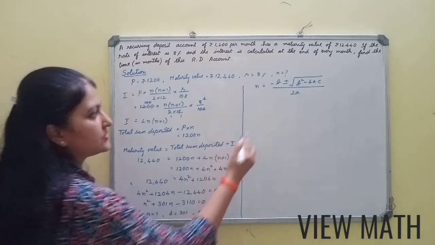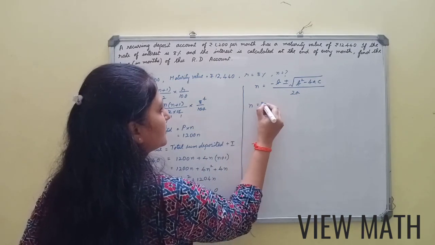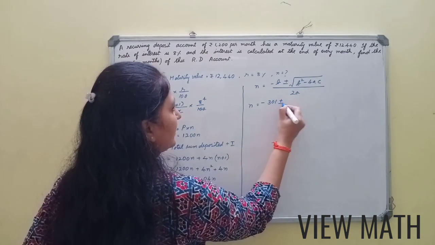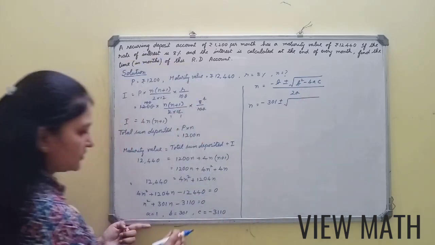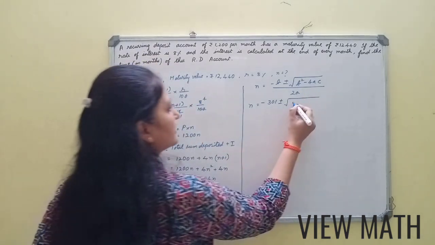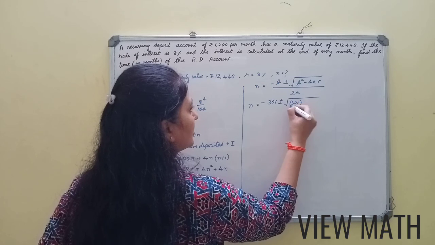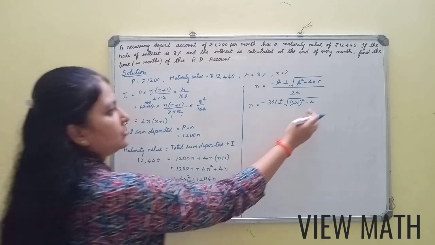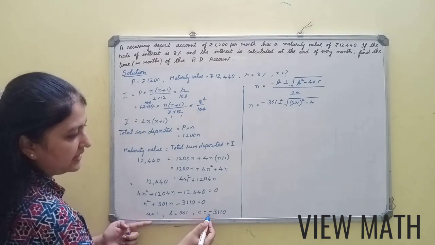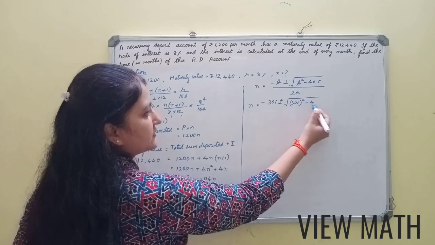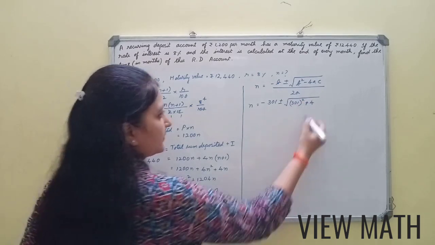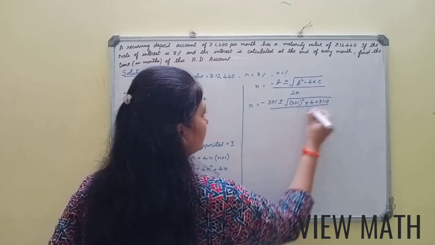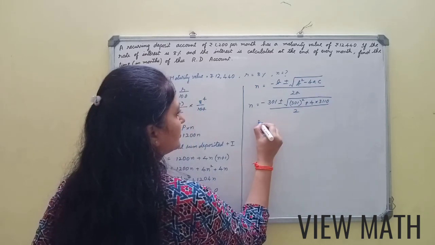So let me substitute all the values there to find out n, which is equal to minus b 301 plus or minus square root of b square 301 into 301 minus 4, a is 1, so 4 into 1 is 4, c I have a negative sign, already I have a negative sign, negative into negative becomes positive, 4 into 3110 divided by 2a, so 2 into 1 is 2.